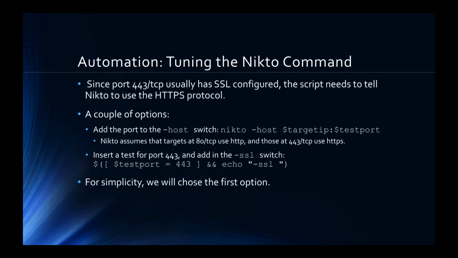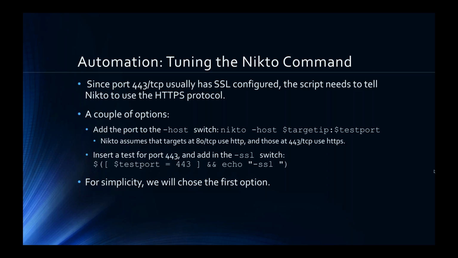The other thing that we didn't do was give Nikto any way to tell which protocol is going to need to be used to interact with the web server. We need to tell Nikto to use HTTP for port 80 and HTTPS for port 443. The easiest way to do that is in the host switch, adding the port to the host name designation.